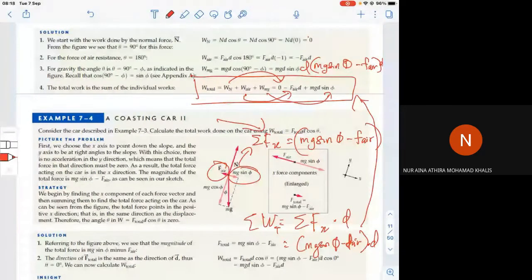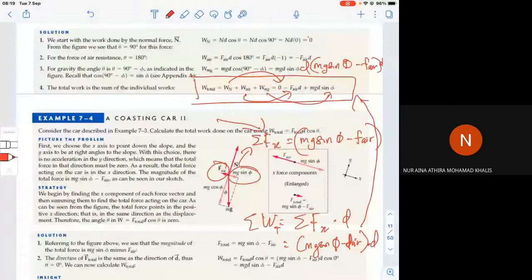So in this kind of situation, we need to know the sum of the forces involved in the motion, which in this case is in the x-axis, and therefore we only consider the forces acting on the x-axis alone, instead of considering everything.